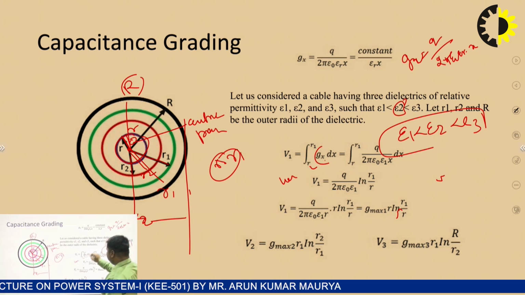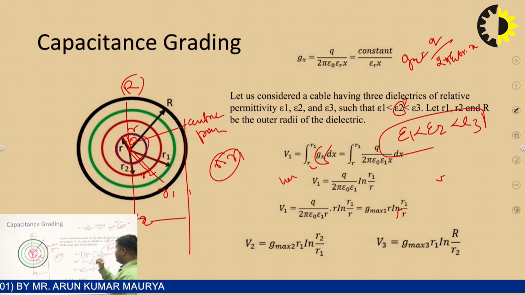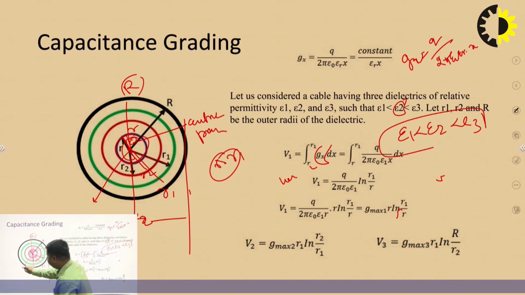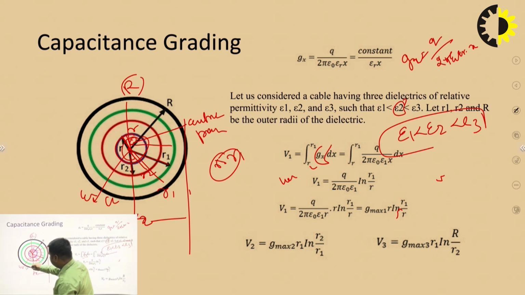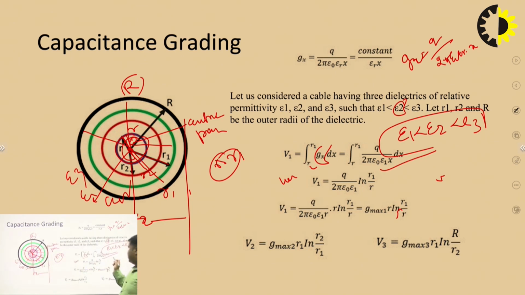What is Gx? Gx equals q by 2 pi epsilon naught into epsilon 1 x. This is epsilon 1, this is epsilon 2, and this is epsilon 3.